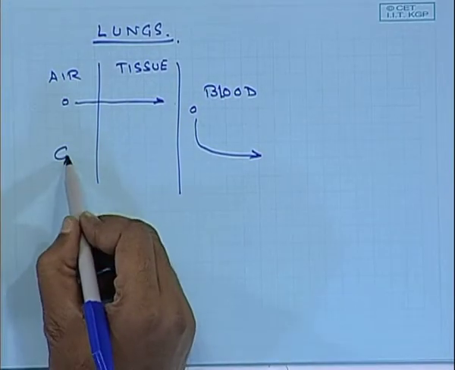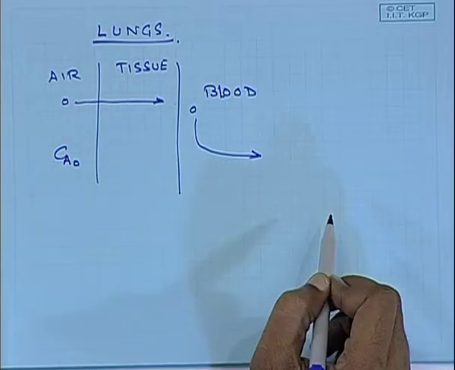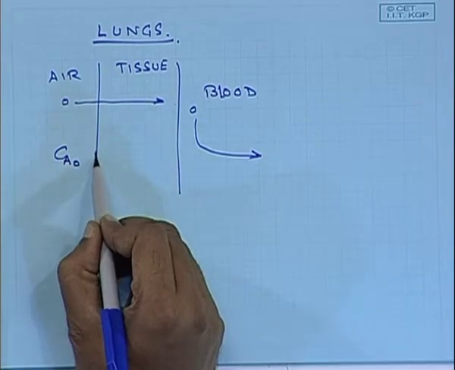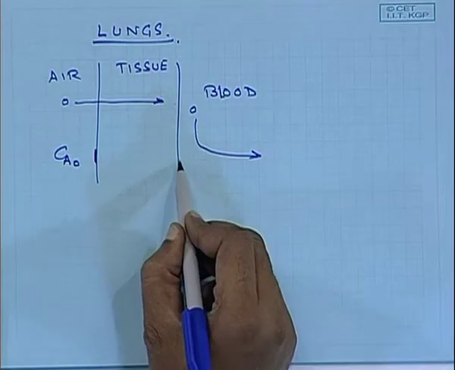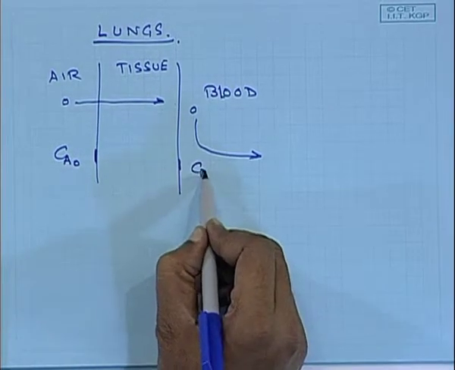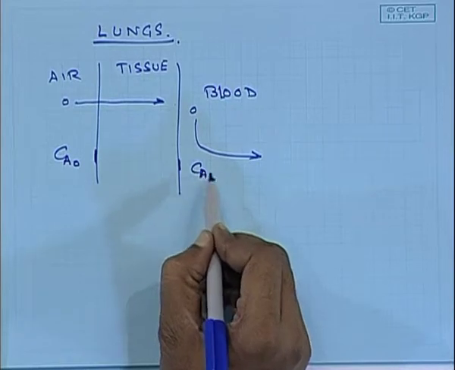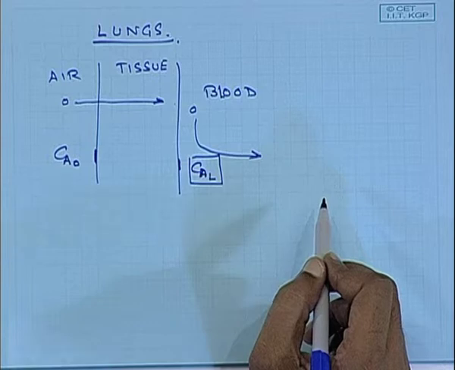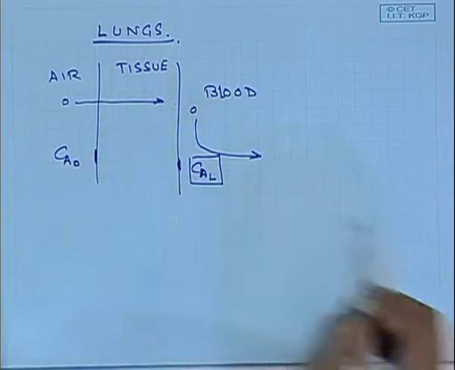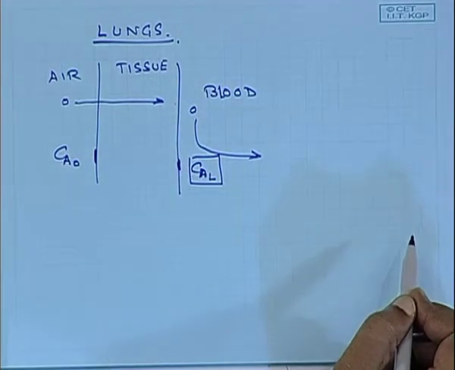Let us say the concentration of oxygen on this side of the lungs is Ca0, which is known to me. On this side, in order to maintain proper conditions, the blood concentration at this interface should be equal to Cal.